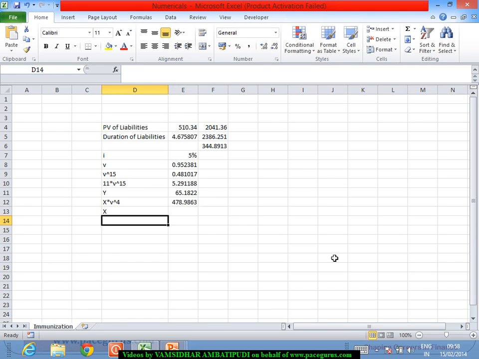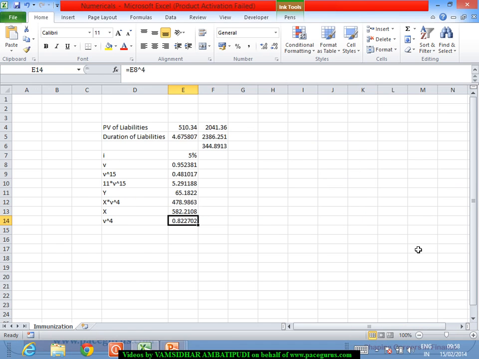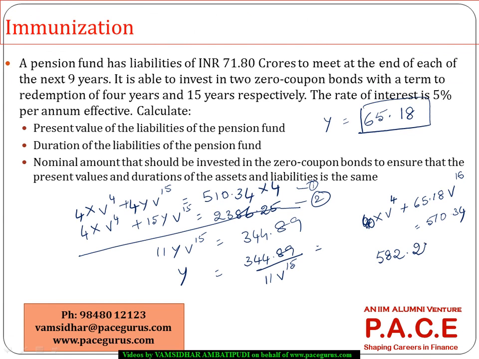So for that it's better that I compute v^4 also. I can very well say x is 478 divided by v^4, giving me that in x you invest 582.21.